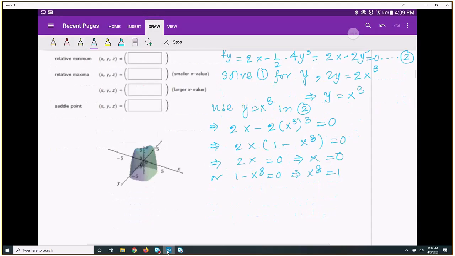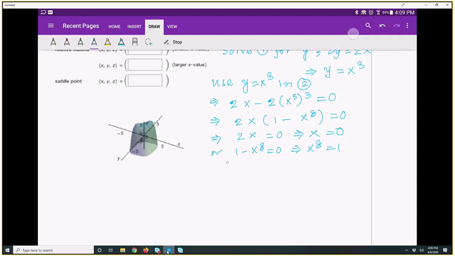So I take the 8th root on either side. I get the 8th root of x to the power 8 is equal to the 8th root of 1. So I get absolute value of x equal to 1, which gives me two solutions. Either x equal to 1 or x equal to negative 1.